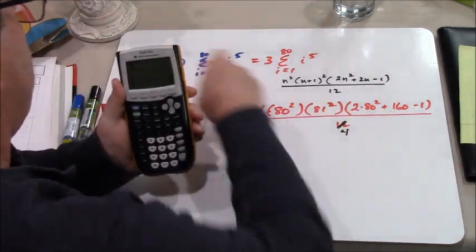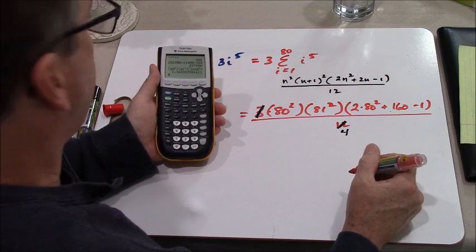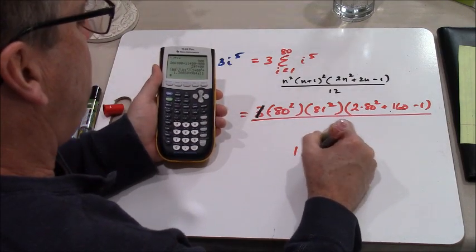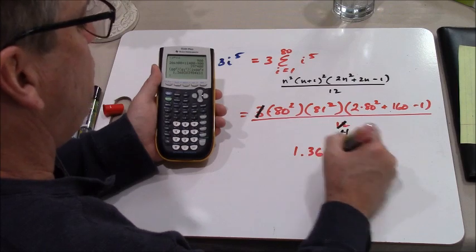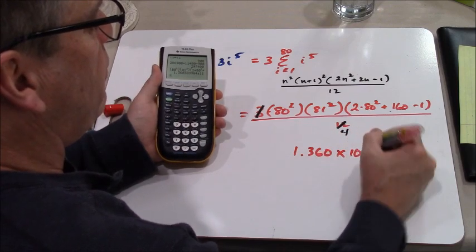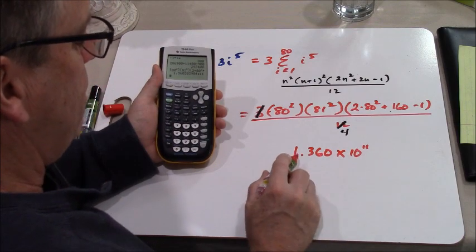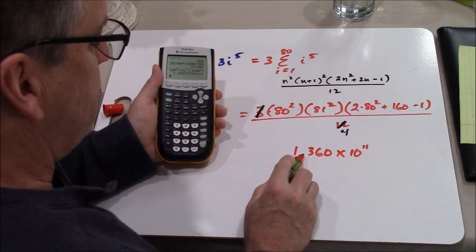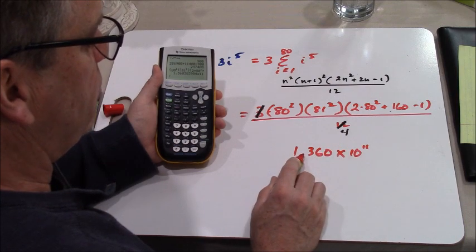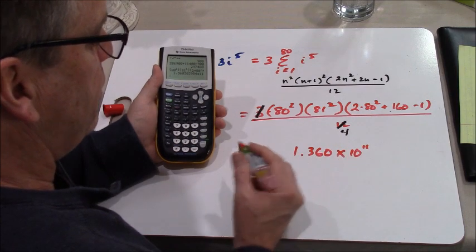Ooh. Yeah, so this is a big answer. I got 1.360 times 10 to the 11th power. So that means I need to take this decimal point, because the exponent's positive, I would move this in the positive direction 11 places.